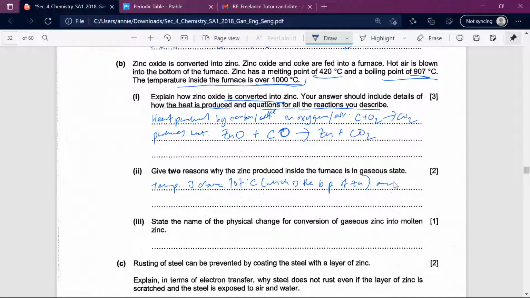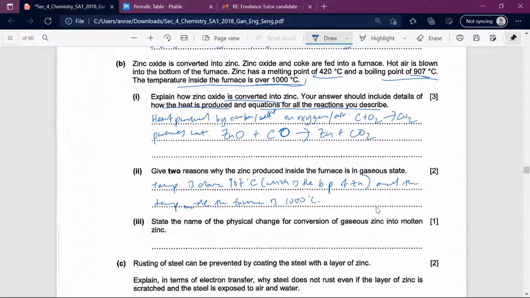And also, the temperature inside the furnace is 1000 degrees. So yes, this gives you 2 reasons.